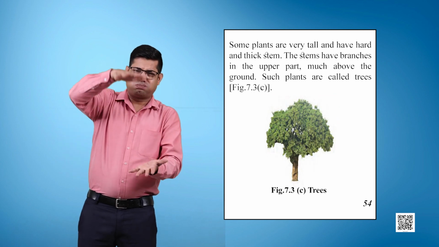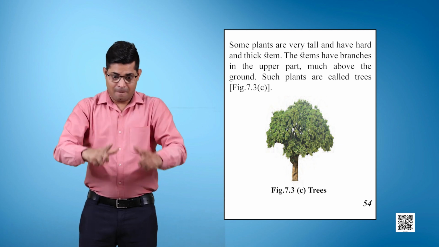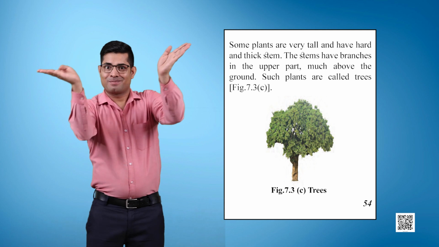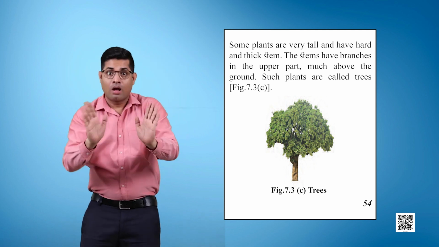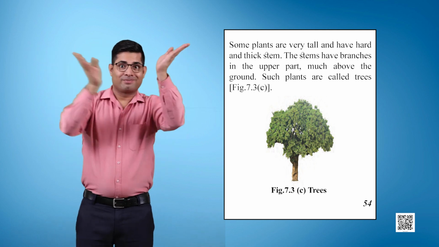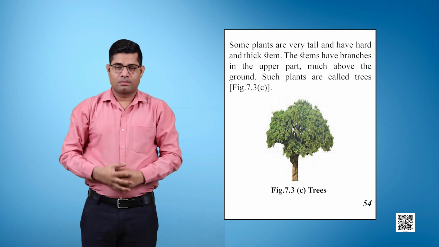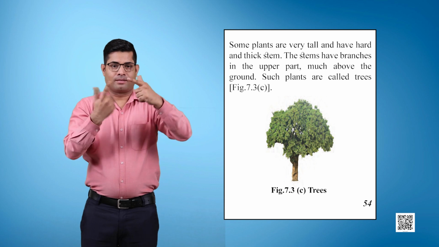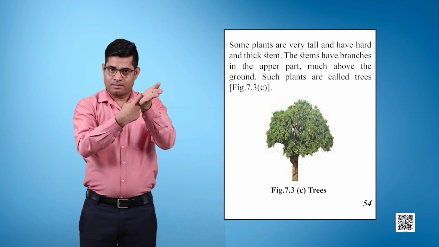Some plants are very tall and have hard and thick stem. The stems have branches in the upper part much above the ground. Such plants are called trees.